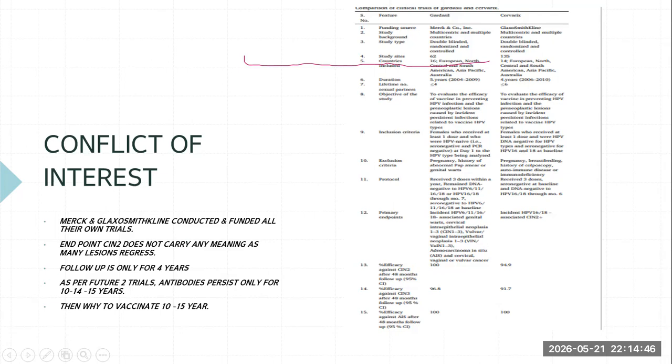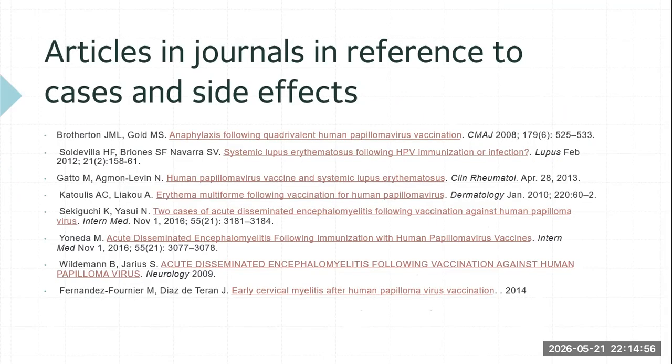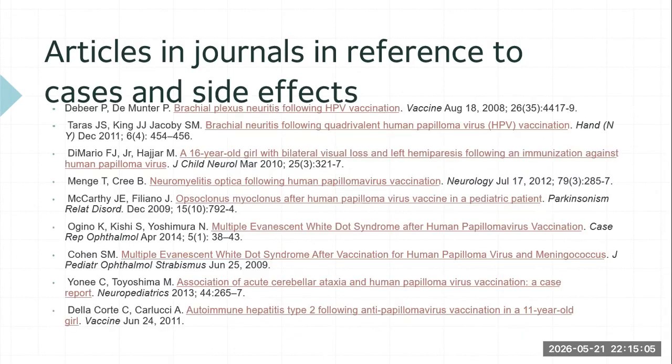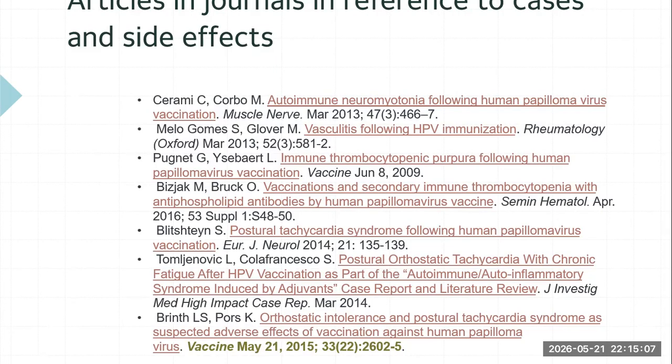There's a lot of conflict of interest. All the studies, trials, have been funded by Merck and GlaxoSmith, and they have not studied the endpoints properly. There are 70 to 80 articles published in different journals regarding the side effects or the toxicity of the vaccine.